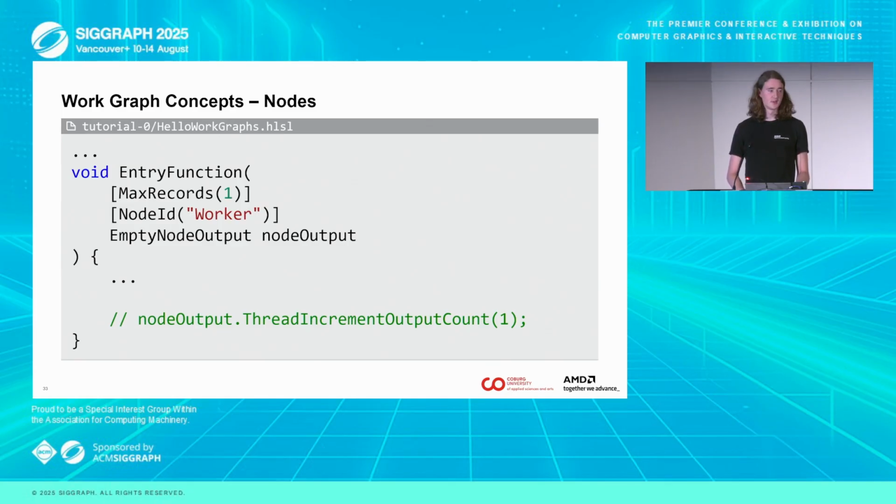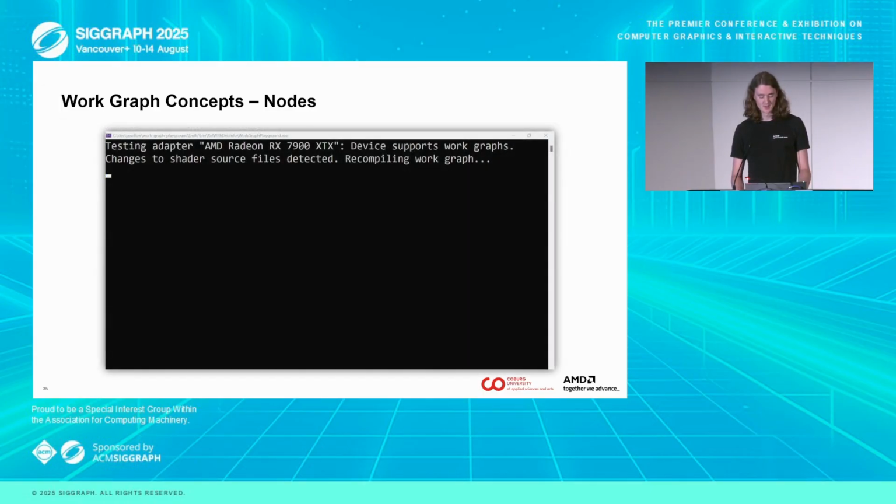So what you can do is in your Hello Workgraphs HLSL file, if you have that open and you have the Workgraph playground running, you can uncomment this line, hit save in your editor of choice, and if you have the command line or the output open for the Workgraph playground, you will see a nice little debug print message saying there were some changes detected to the shader source files.